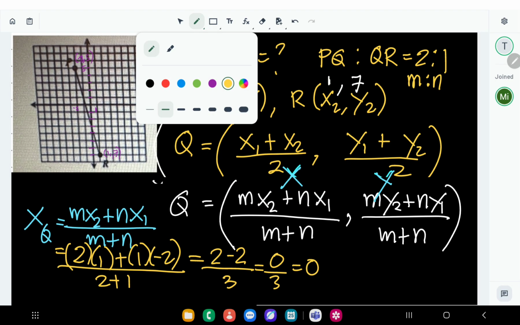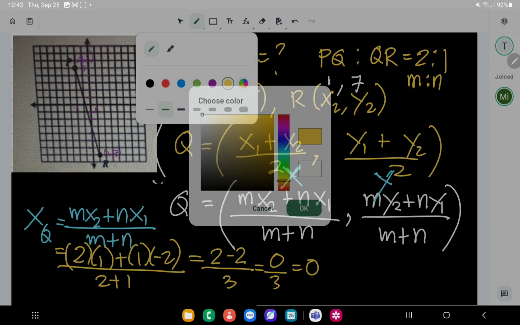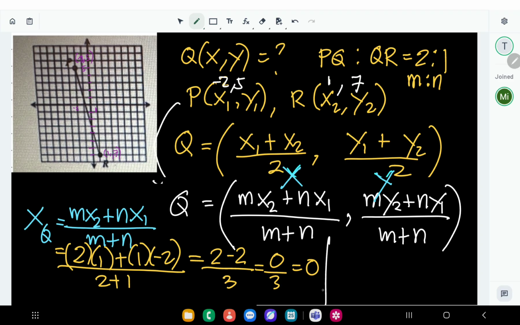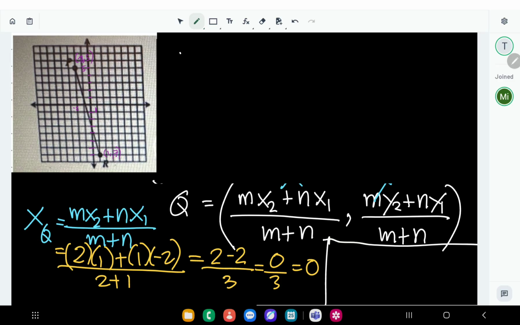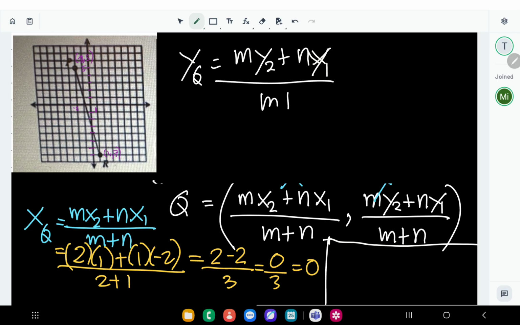And then for the y coordinate of point Q, this is m y sub 2 plus n y sub 1 over m plus n. So m is 2, then y sub 2 is 7, right?